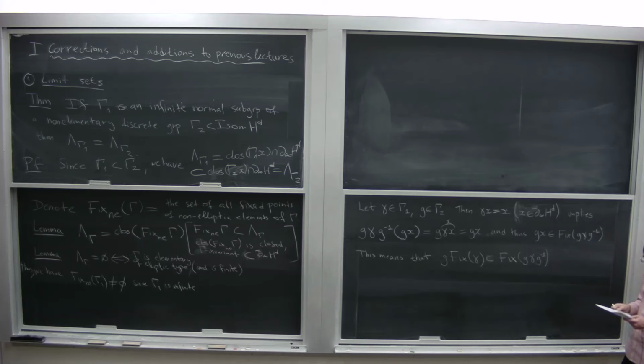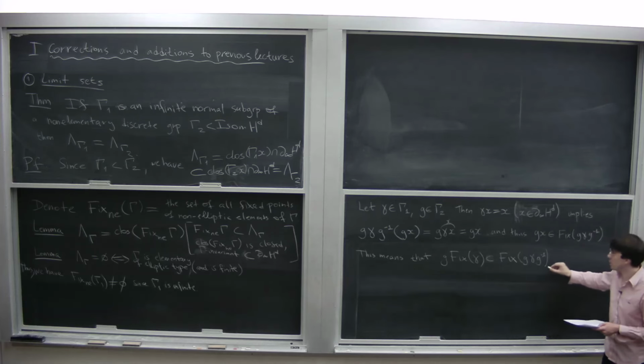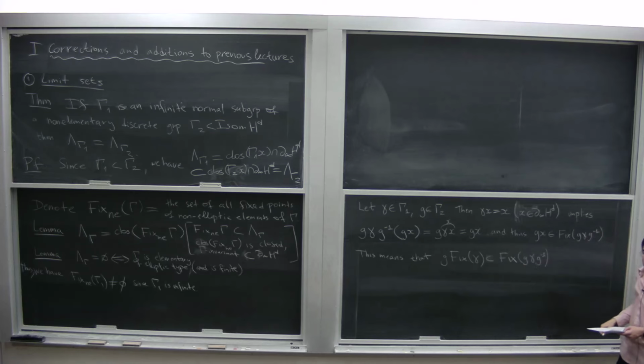Okay, but then, yes, in this case, I obtain that this is an element of, since gamma 1 is a normal subgroup of gamma 2, this is still an element of gamma 1, right?